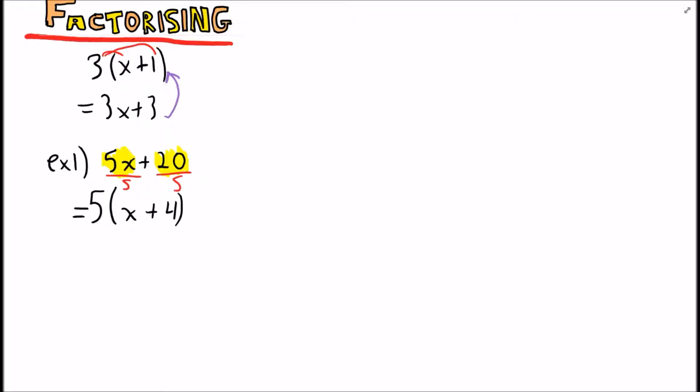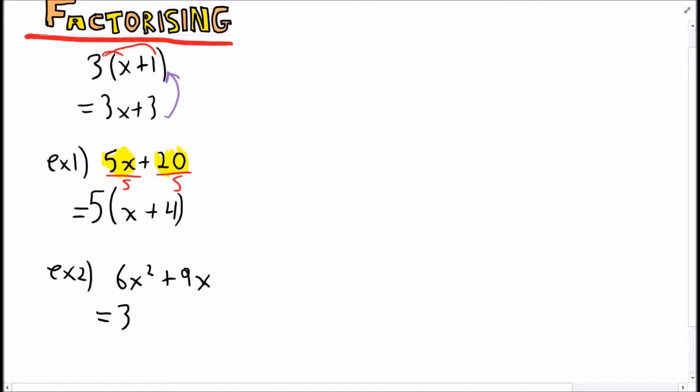What about if I had a common number and letter? So let's say 6x squared plus 9x. So this time, what's common to both of these terms? If I look at the numbers first, what's common to 6 and also common to 9 would be 3.